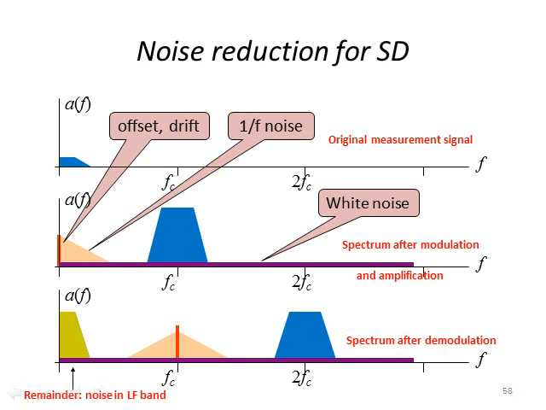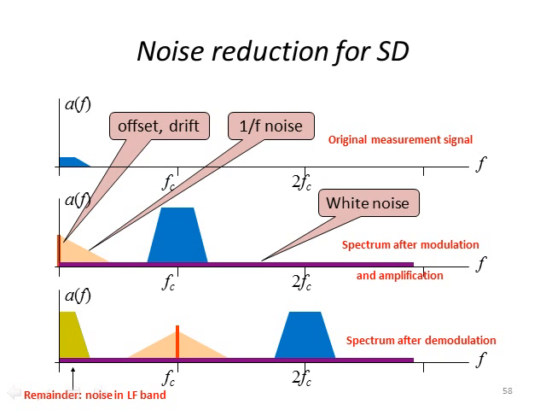And then due to the amplification, we have some noise at this original measurement location: offset, drift, 1/f noise, as we talked about earlier. And then the next step in the process is to demodulate the signal. The lower plot shows the spectrum after demodulation.